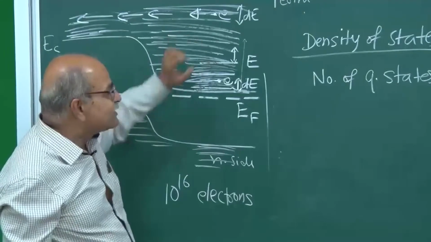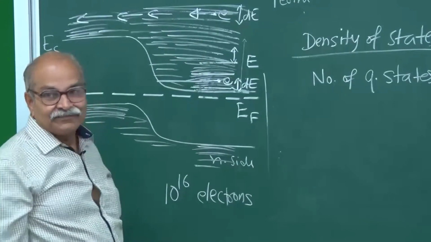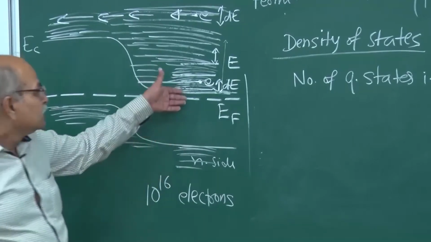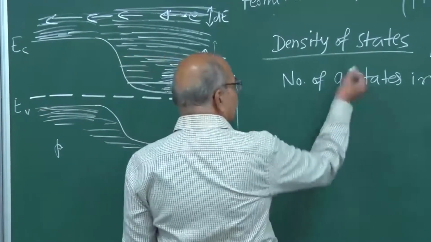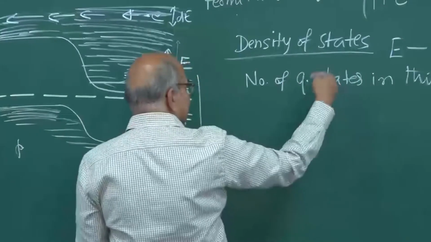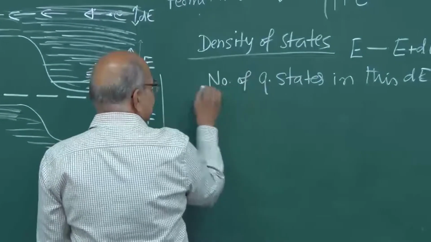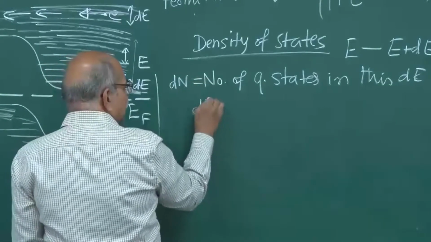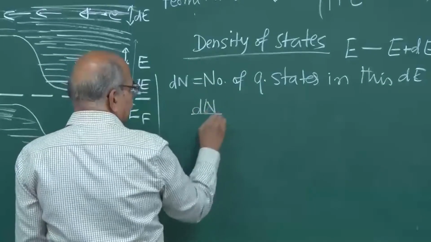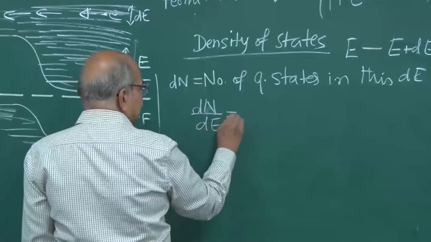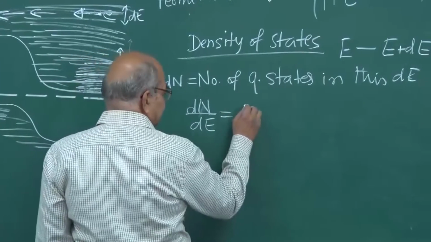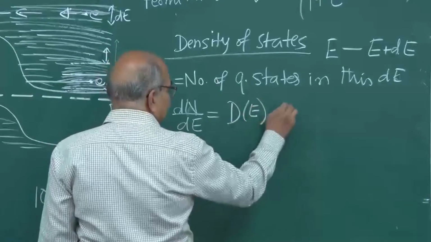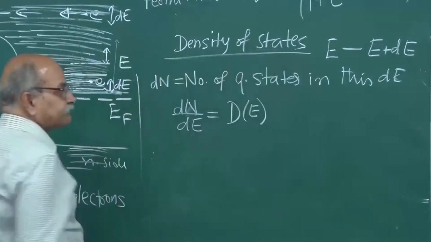If you make a calculation, this number dN divided by dE will be the density of states. You can write it as capital D(E). This is called density of states.